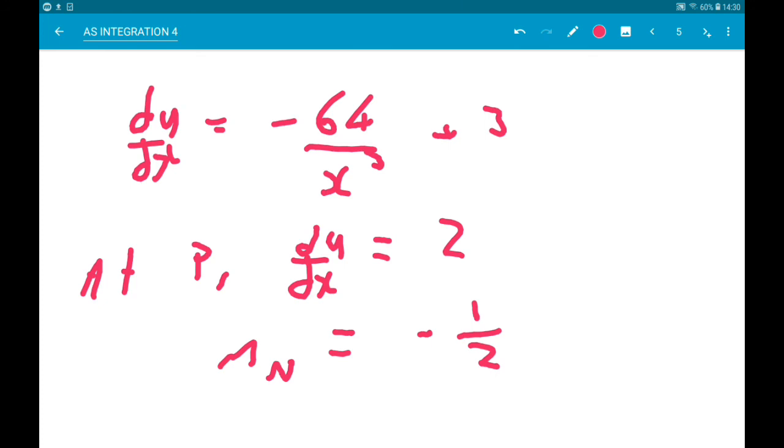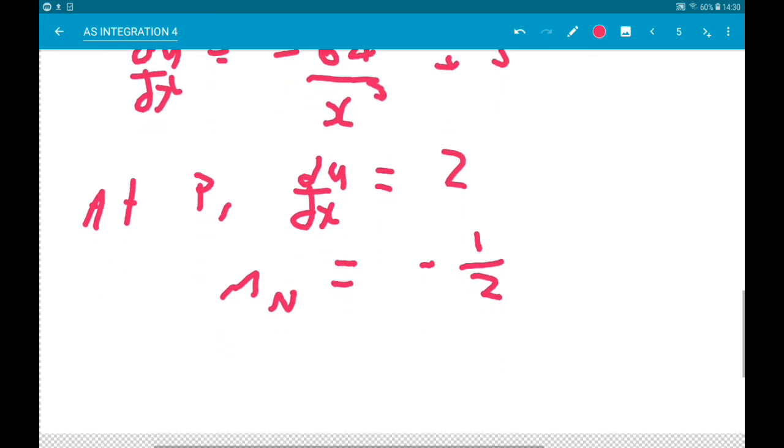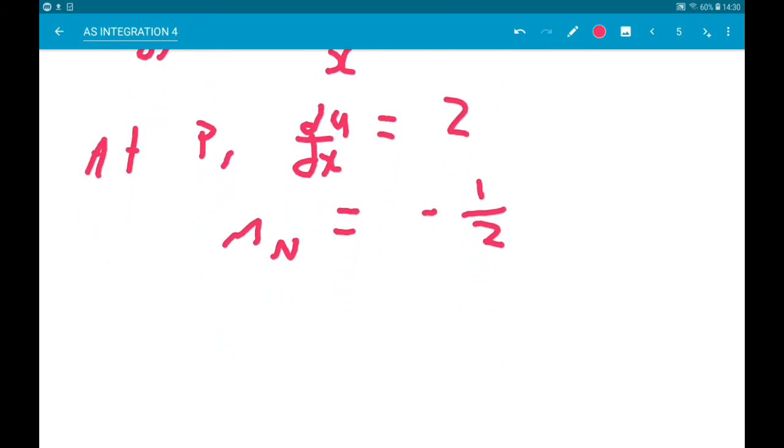Okay, now we can start to put L together now. We now know y is minus 1/2 x add c. Now we know when x is 4, y is 6.